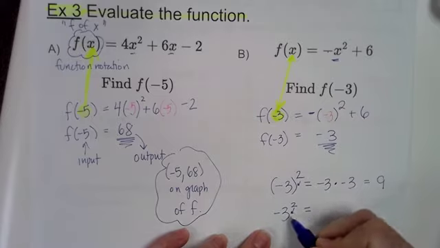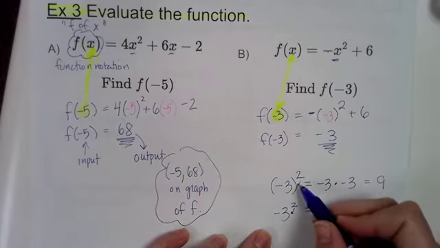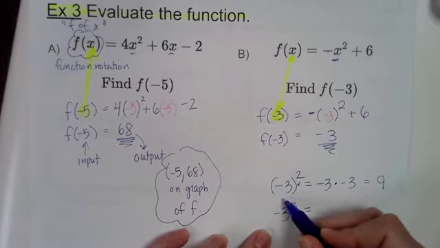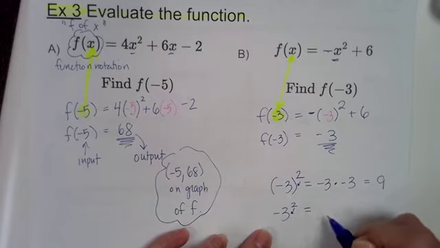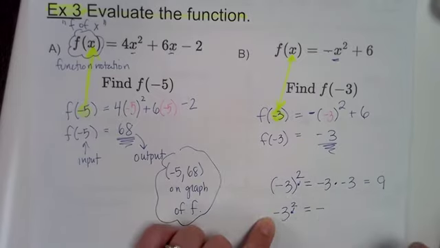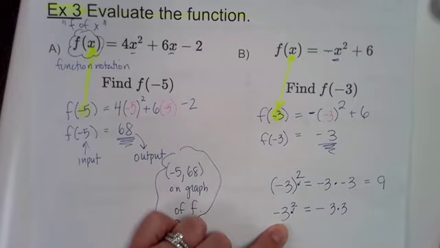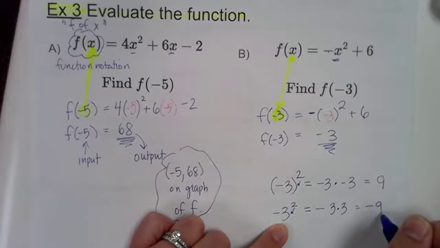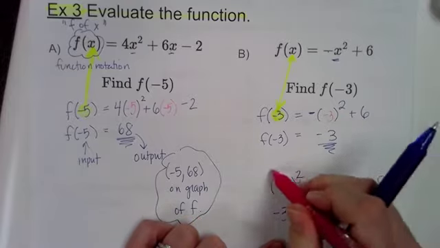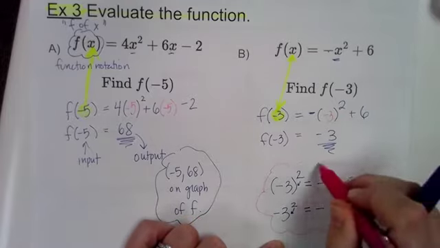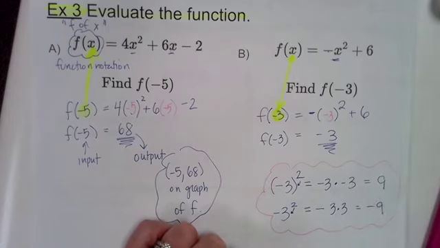So what is the 2 affecting? Just the 3. It has nothing to do with the negative. Here the 2 is affecting everything in parentheses. But down here, there's a negative out in front, and we need to repeat the 3 2 times. So this is a very, very different answer. This is the #1 algebra mistake students make, okay?